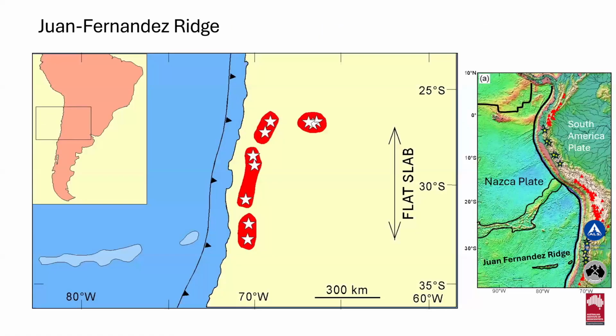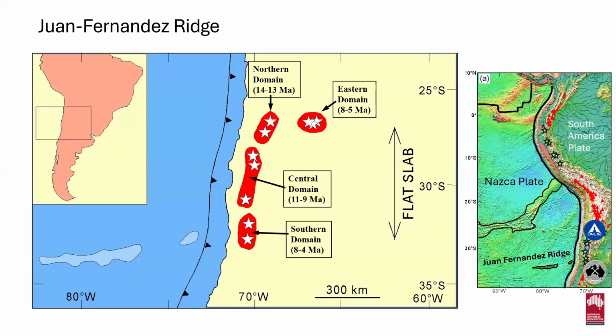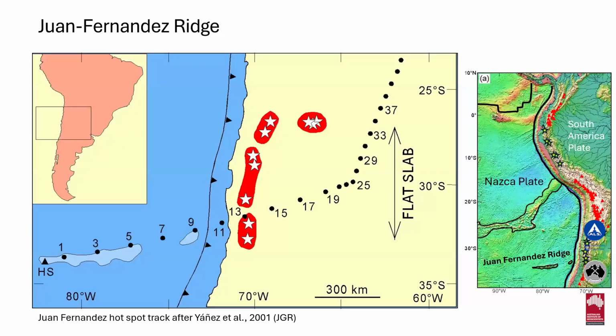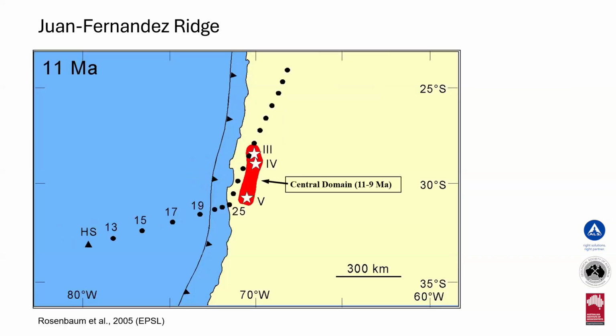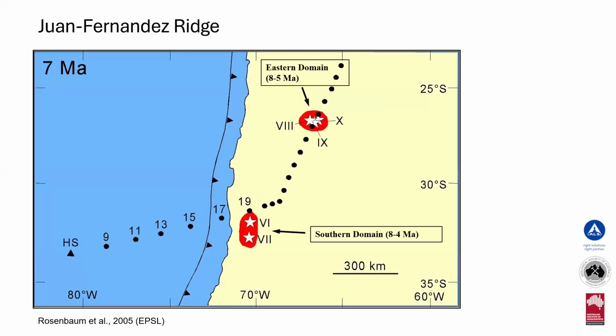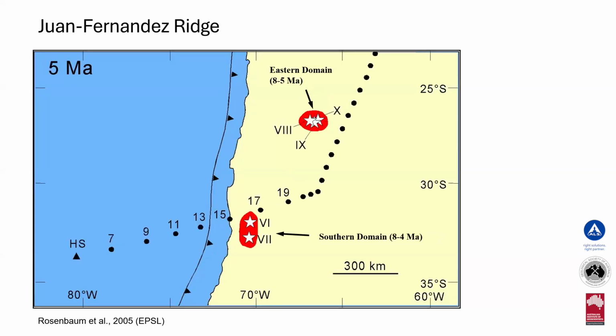I then did the same for the Juan Fernandez Ridge in Chile, and we can see again, we can bring back this hotspot track, and we can see that it arrives at the subduction zone again way north of where it is today, corresponding to the earlier mineralization here, and migrating southward as ridge subduction moves to the south.